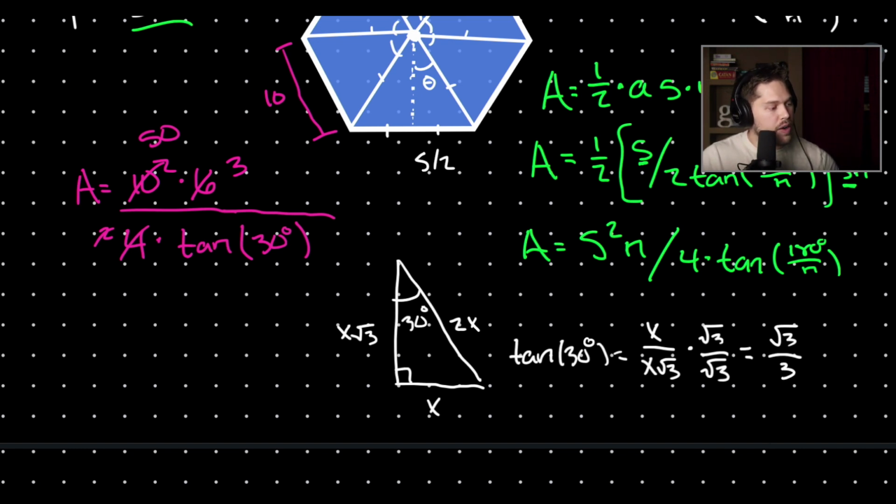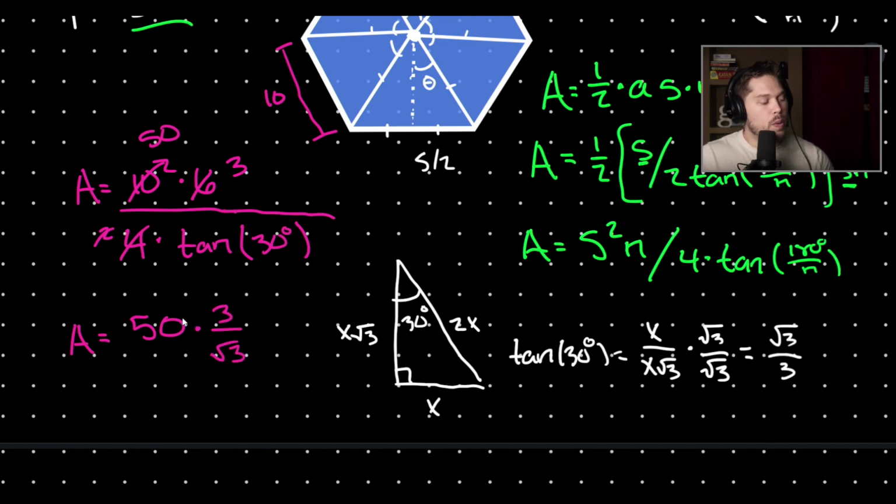So our area, going back to my pink color, is equal to 50 divided by root 3 over 3. Dividing by something is the same as multiplying by the reciprocal. So let's multiply by the reciprocal and have 50 times 3 over root 3.